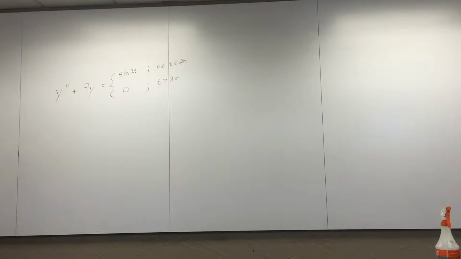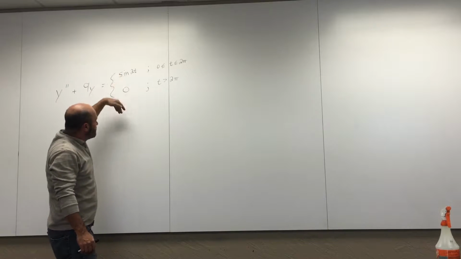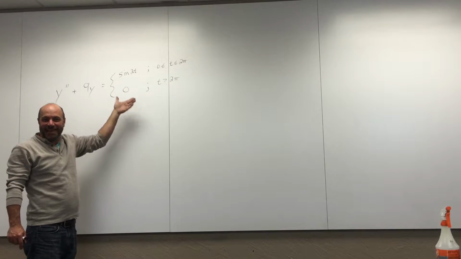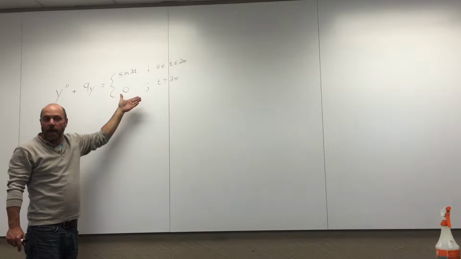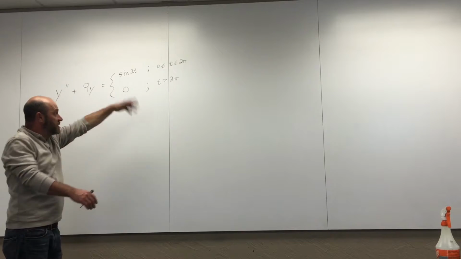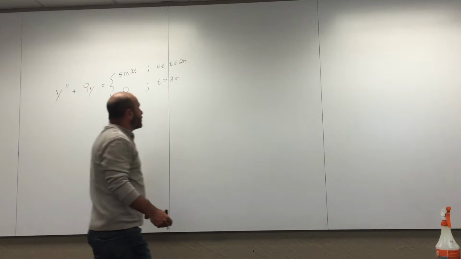It's a higher order DE, and it's got this non-homogeneous side, but anyway, it's got this piecewise side, so half the problem is non-homogeneous, and then half the problem is homogeneous. And we want to solve this piecewise problem. I should put some initial conditions on this.